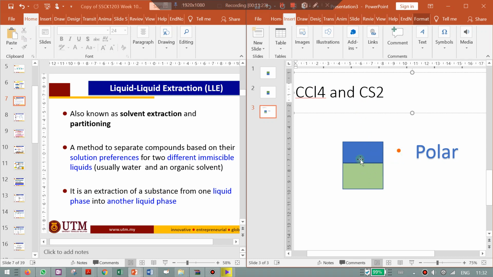So your solvent and impurities will go over here. Dia akan pergi ke atas. That is how we can adjust.